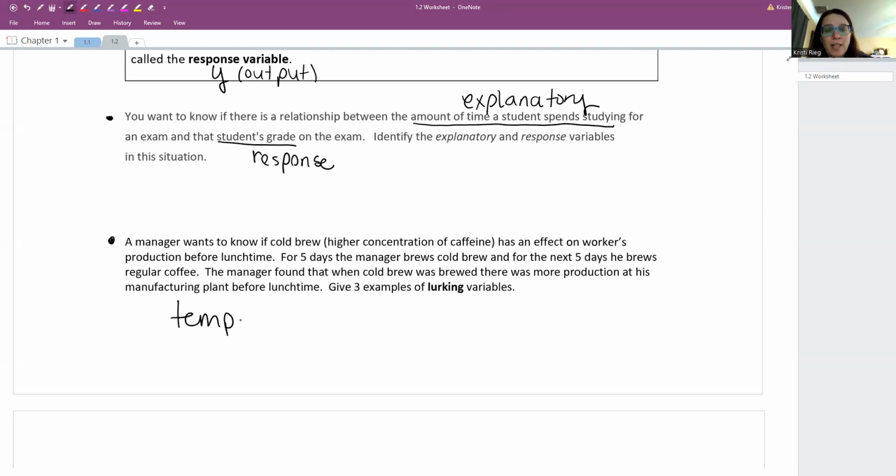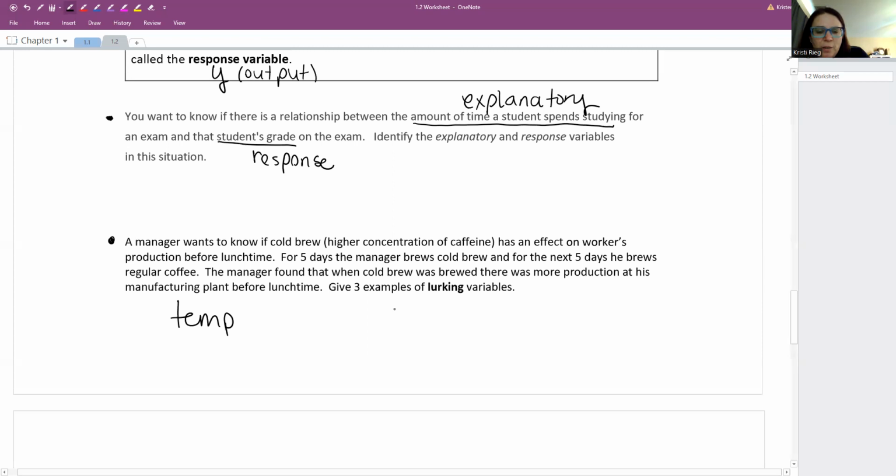And on the other 5 days, when the hot coffee is offered, they're not drinking any coffee. So it might not be the fact that it's cold brew. It might just be coffee in general, and they're only choosing the cold brew because it's so hot outside that they couldn't imagine drinking hot coffee.